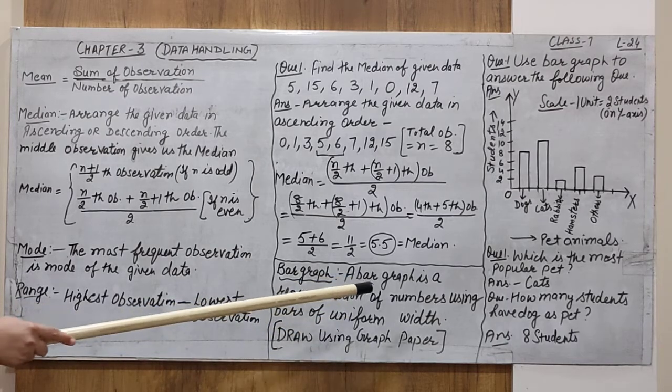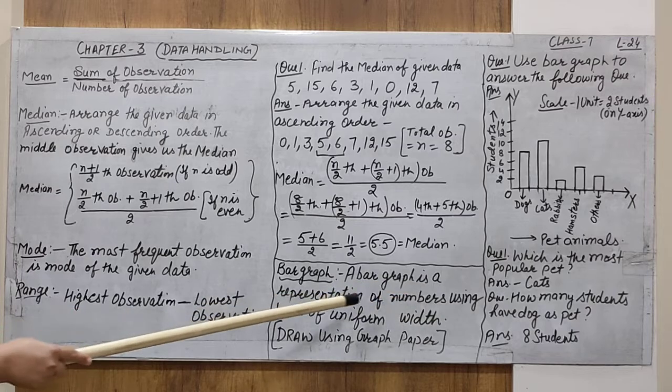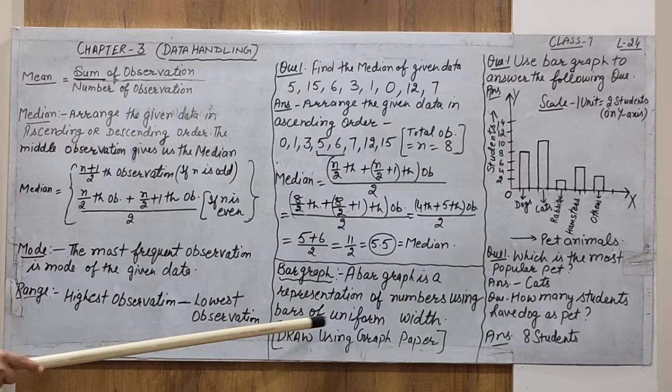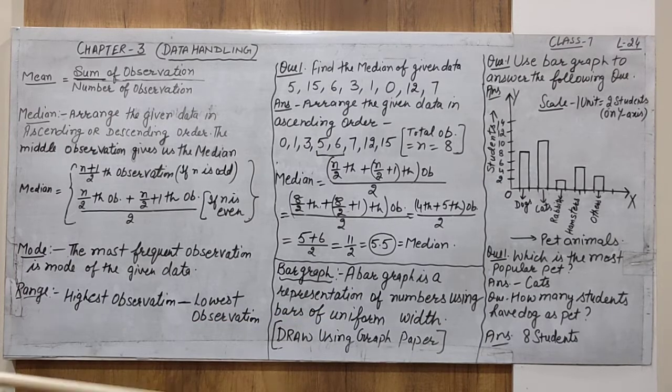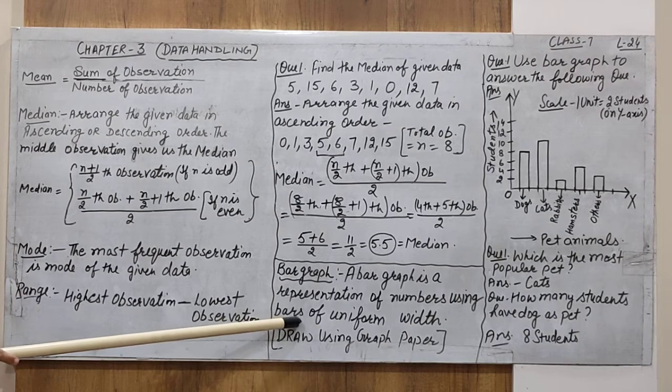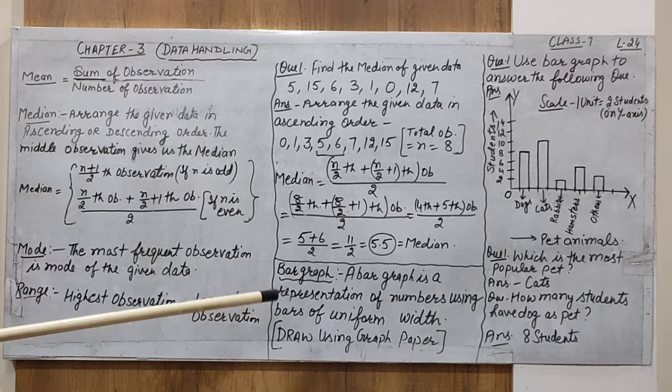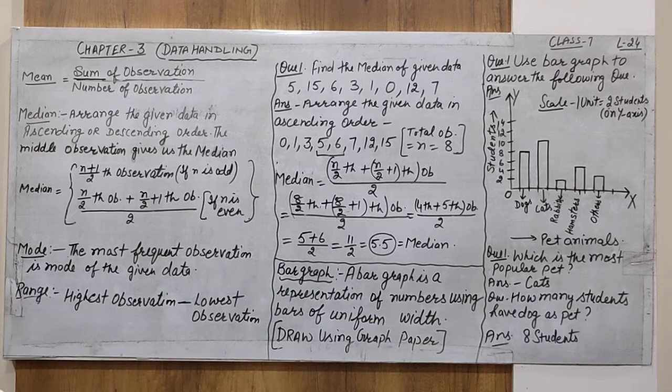So the bar graph definition is: a bar graph is a representation of numbers using bars of uniform width. Bars of uniform width means the widths of each bar used to represent the bar graph are similar. Few points you must remember about the bar graph.